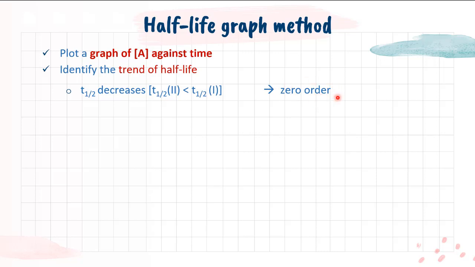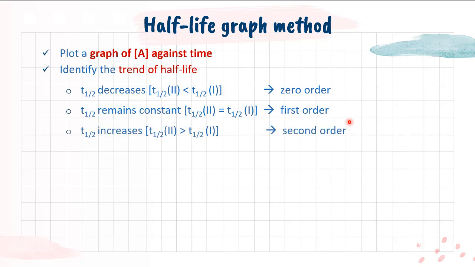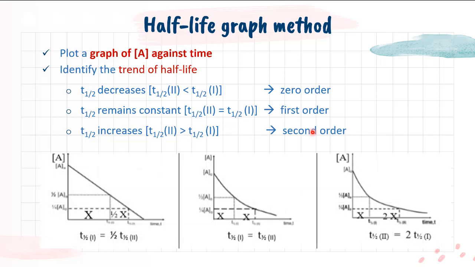If the half-life remains constant, the second half-life is the same as the first half-life, that is first order, as the half-life is independent of the initial concentration. If the half-life increases over time, the second half-life is more than the first half-life, that is second order.